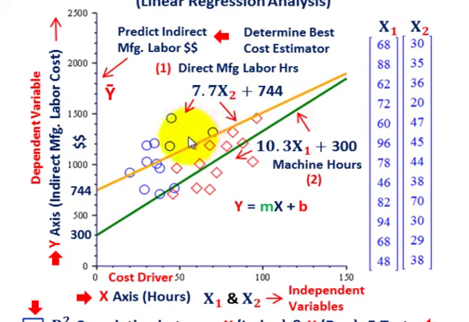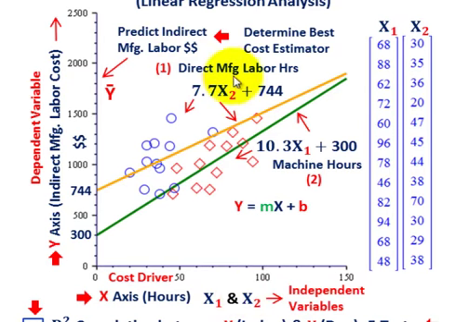The x-axis is in hours for those independent variables, X1 for our machine hours and X2 for our direct manufacturing labor hours.